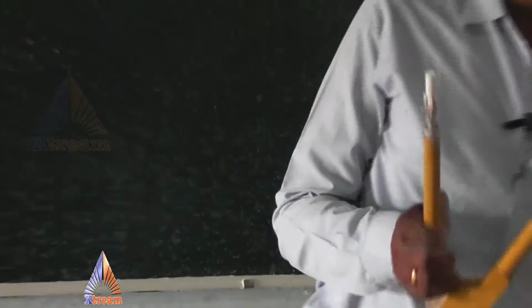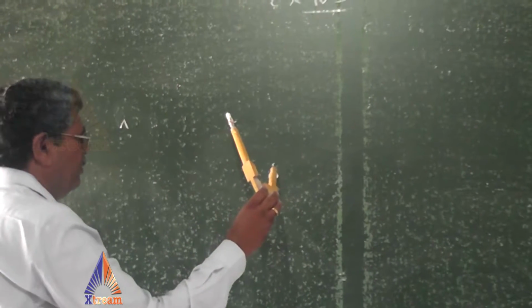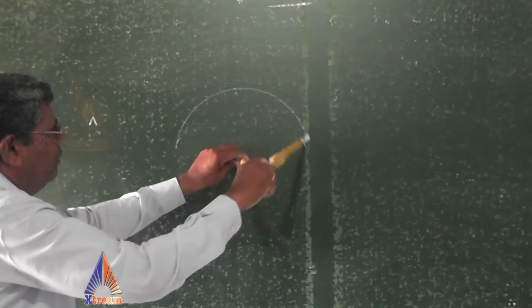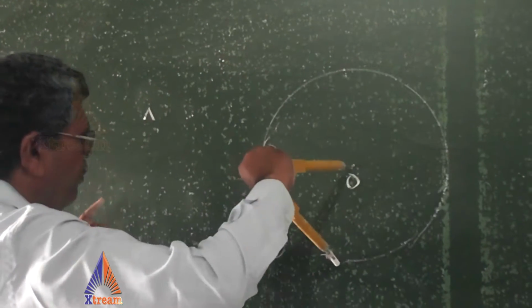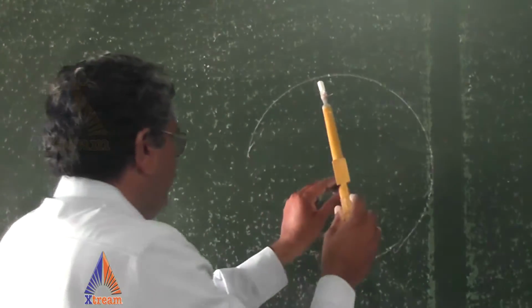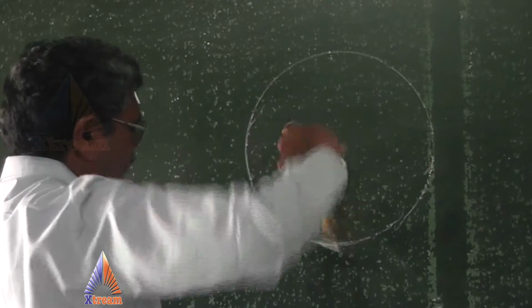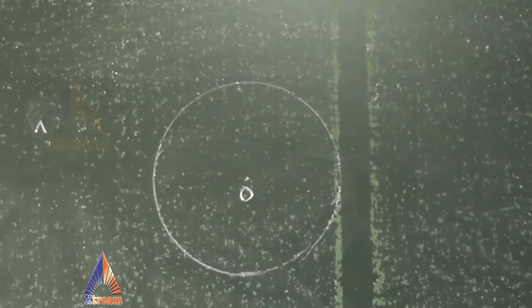So all of you take a radius equal to 3.5 centimeter, marking O as the point. Now this radius is equal to 3.5 centimeter. Then you can take one diameter. Diameter, any way you can measure them like this.